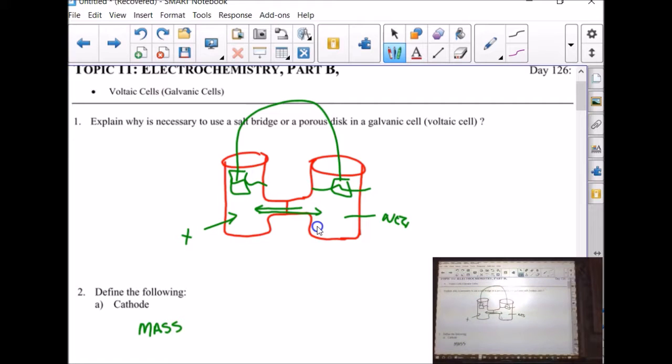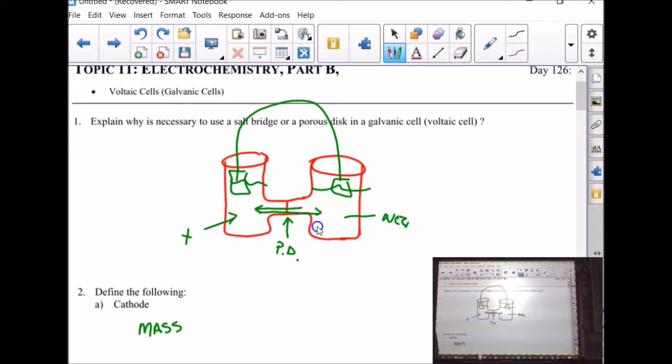Why can't the electrons go through the aqueous solution? Can they not do that? We'll talk about that later. They will in a different scenario. And if the two sides balance out, like if you had it connected by a salt bridge, you have to add in these other compounds, the anions and cations. But in here, you don't have any ions; they go through that porous disc.